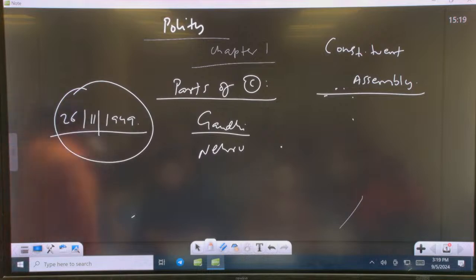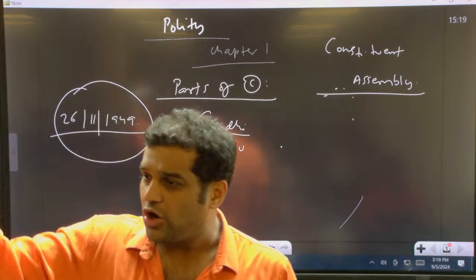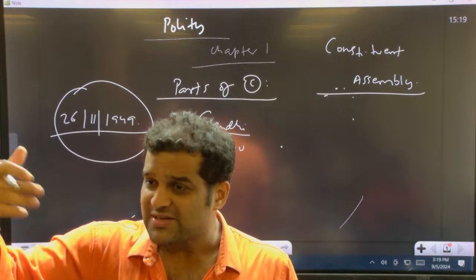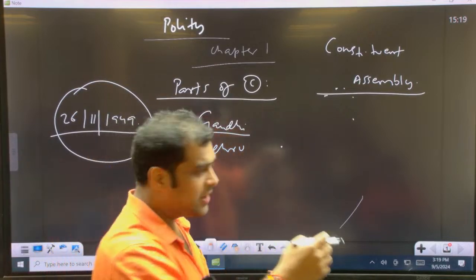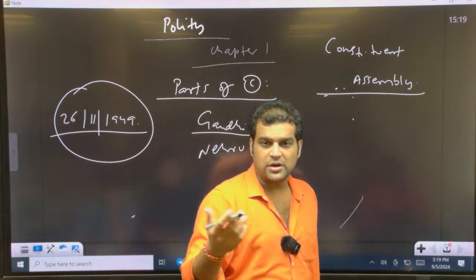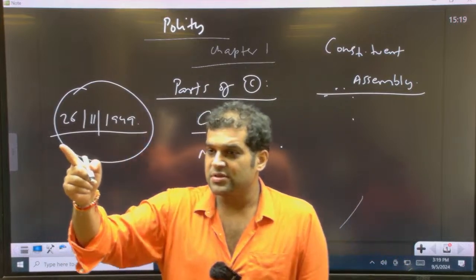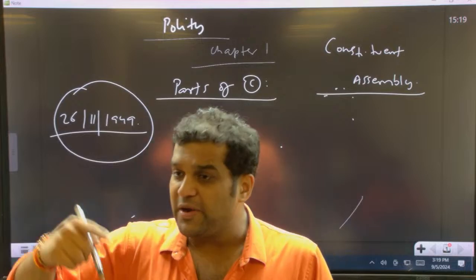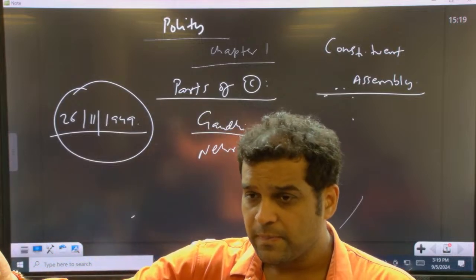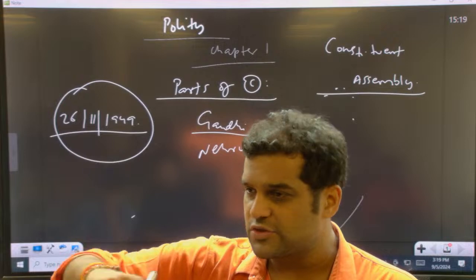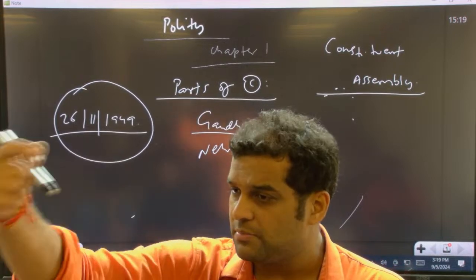Because in 1929, in the Lahore session, the Congress had passed a resolution known as Purn Swaraj, which translates as complete independence. Up till 1929, the Congress was not sure what to demand from the British government.